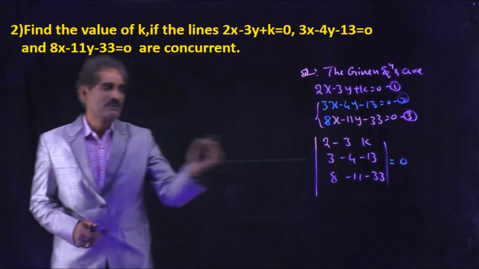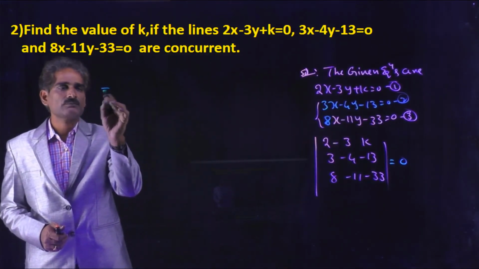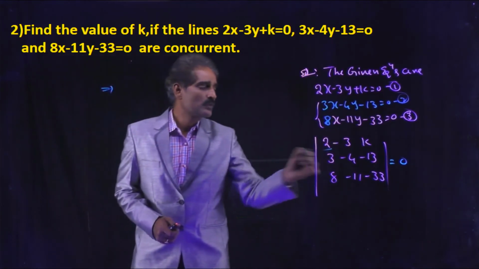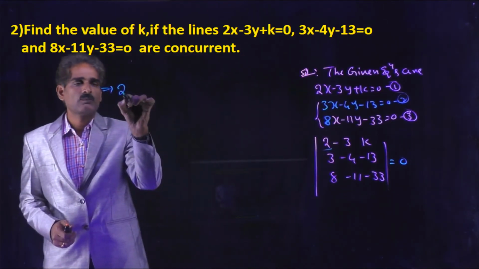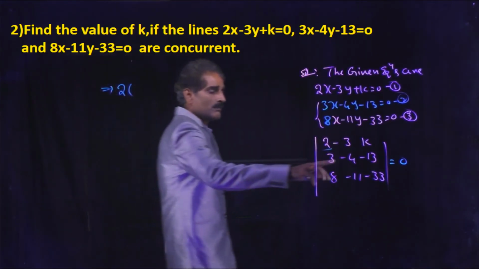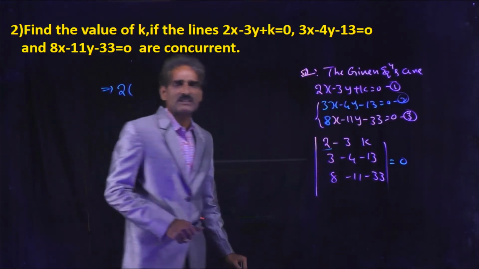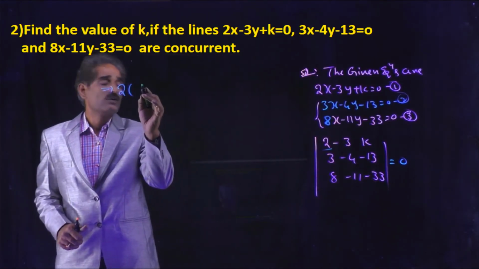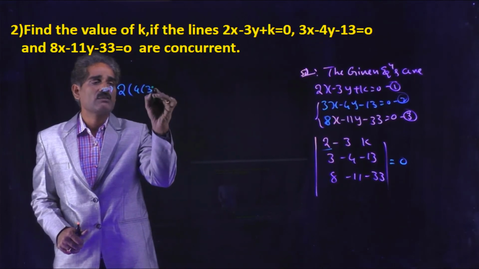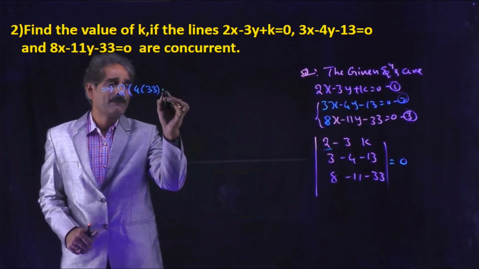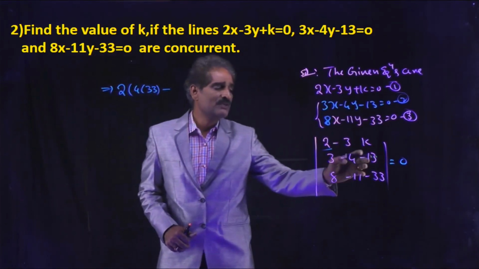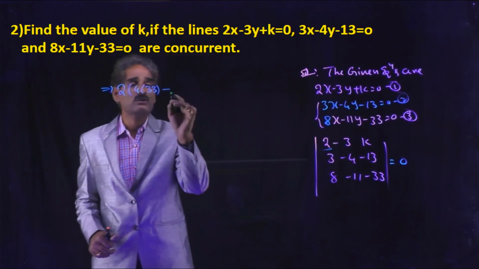So expand this determinant. 2 into (minus 4 into minus 33 minus 11 into minus 13), that is plus 4 into 33 minus 11 into 13.